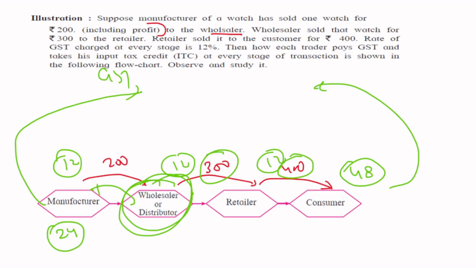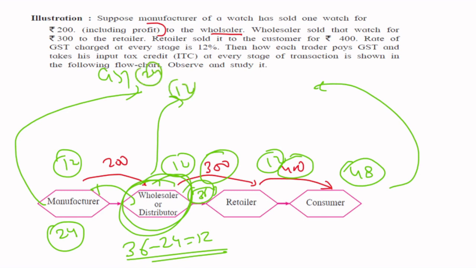So he will collect 36 rupees from the retailer, that is 12% of 300. But he has just paid 24 rupees to the manufacturer. So 36 minus 24 will become 12 rupees. So 12 rupees he has to pay to the regulatory body during tax filing. Okay, so 24 from here, and 12 rupees from here.